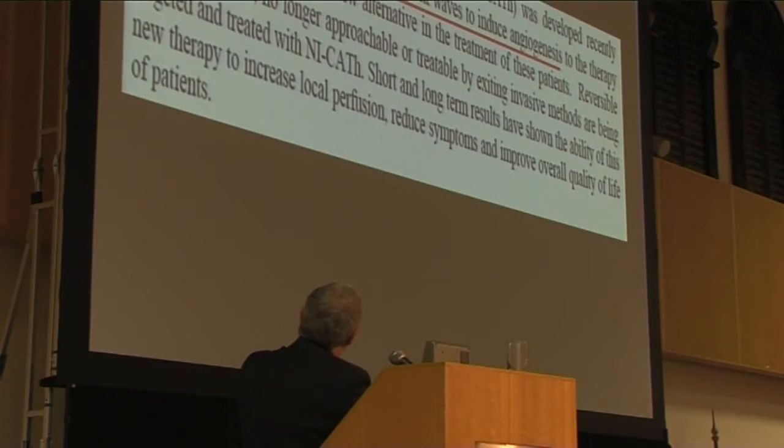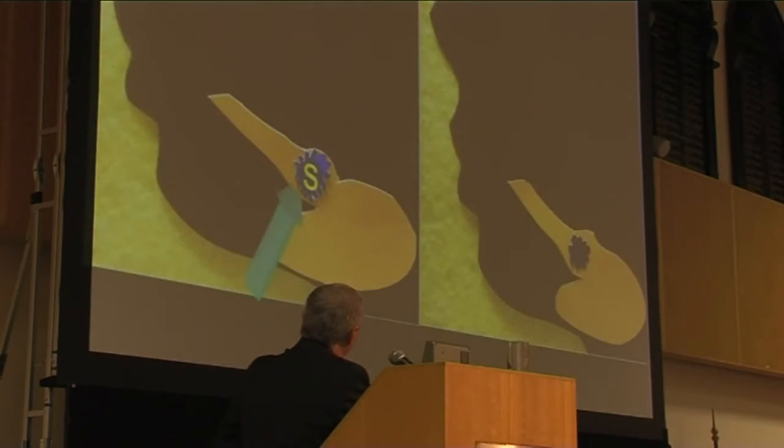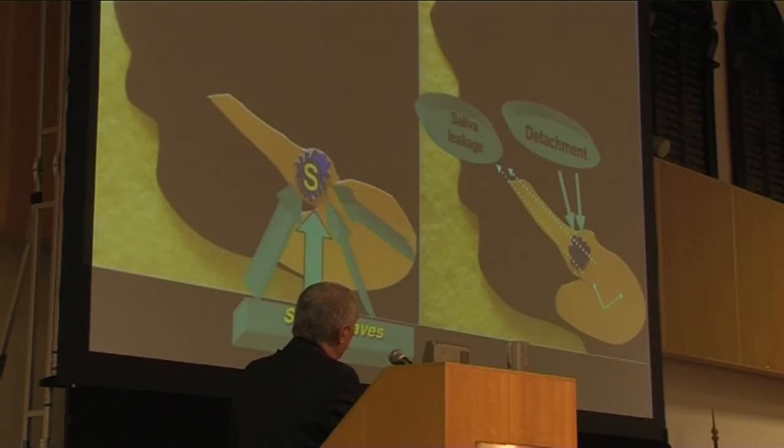As you can see, a new non-invasive cardiac angiogenesis therapy was developed recently, which couples the ability of low-intensity shockwaves to induce angiogenesis. So basically, we use it for detachment of the stone from surrounding tissue and for the revascularization effect. And when we learned it, we combined it with advanced sialolithiasis cases.